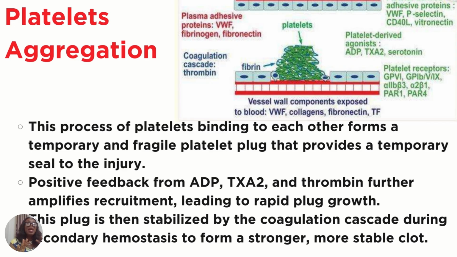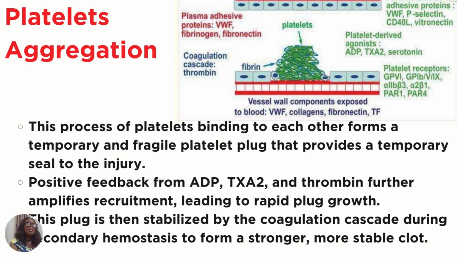Okay, so we have it now that when there is vascular injury, there's vasoconstriction, and this vasoconstriction is mediated by the local reflexes and then thromboxane A2, serotonin, and endothelin produced by the surrounding endothelial cells.